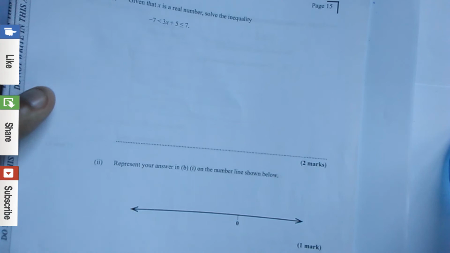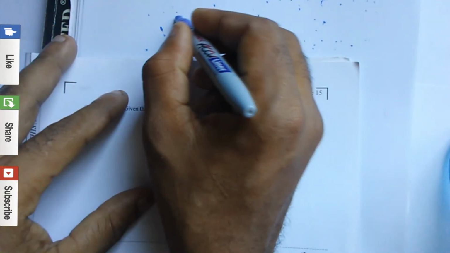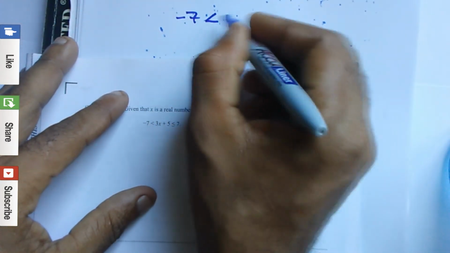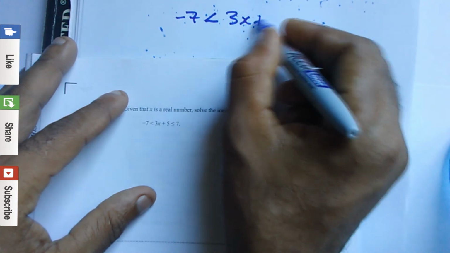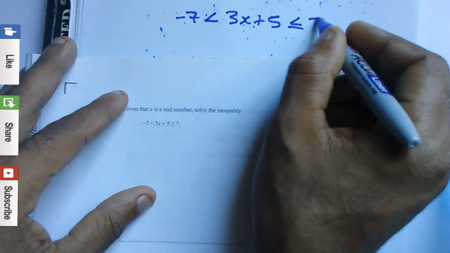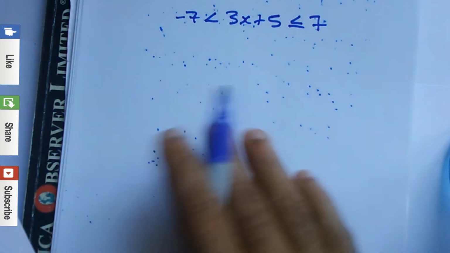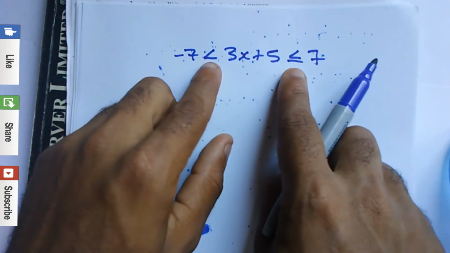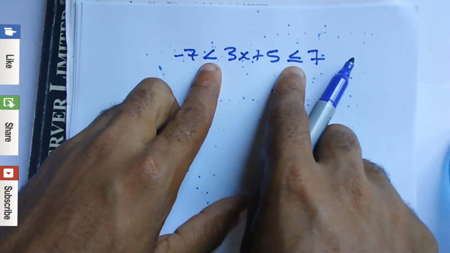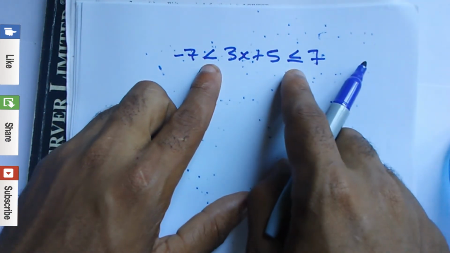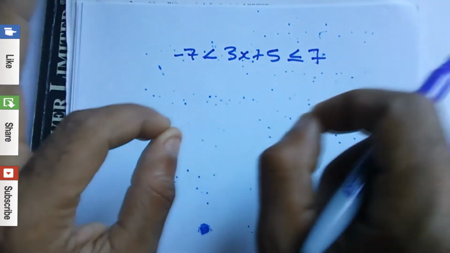And then afterwards, we're supposed to represent our answer on a number line. Now we have minus 7 less than 3x plus 5 less than or equal to 7. Now, with this inequality question, you realize that we have 2 inequality signs. So I'm going to solve the question 2 different ways.